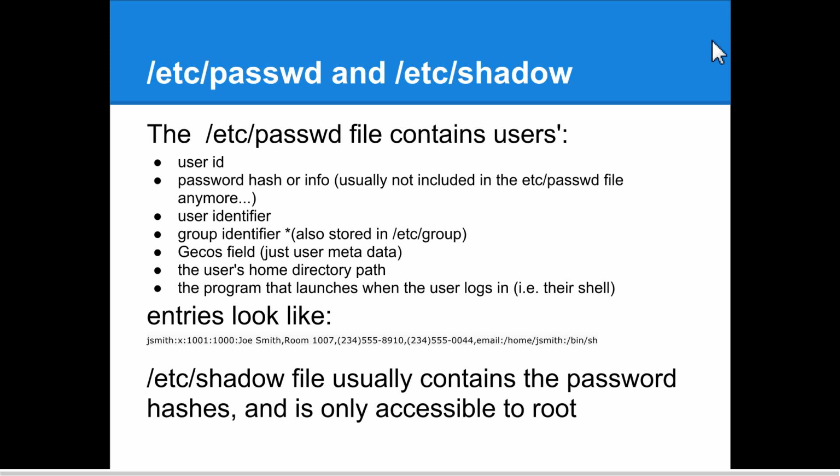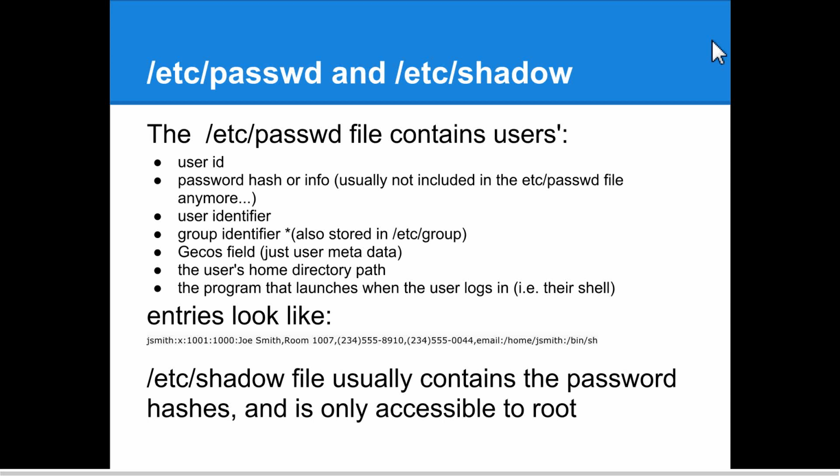It stores the user's user identifier, which is an integer, and group identifier, which is also usually an integer, and some metadata as well as the user's home directory path, so /home/username, and then the first program that launches when that user logs in, typically /bin/bash or sh, a shell program.